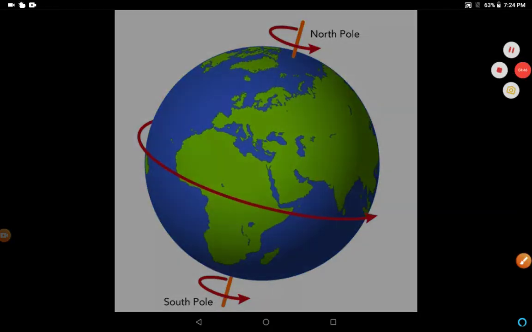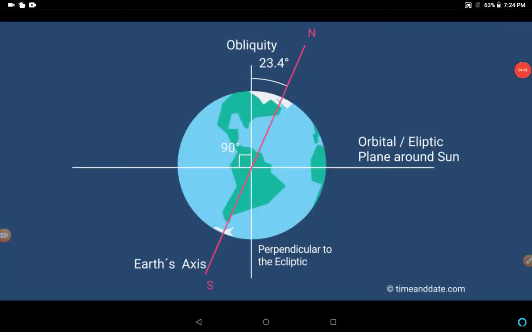Let's know about them. Obliquity. Obliquity is the tilt of Earth at this angle, 23.4 degrees, approximately 23.5 degrees. So this is known as obliquity. It is very easy and very important to understand whenever we discuss the globe.